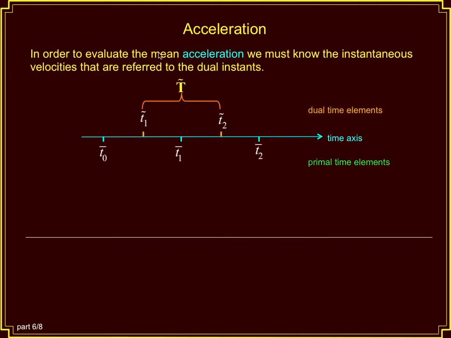Acceleration. In order to evaluate the mean acceleration, we must know the instantaneous velocities that are referred to the dual instant. Here, velocity is referred to the instant time t tilde one and the other.